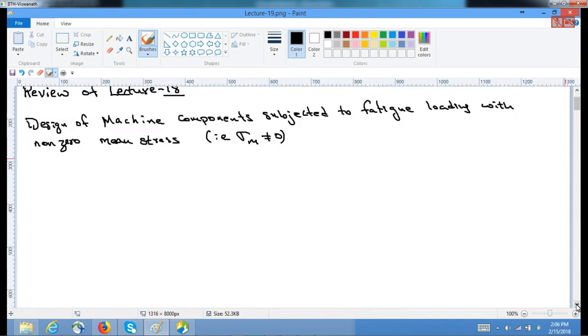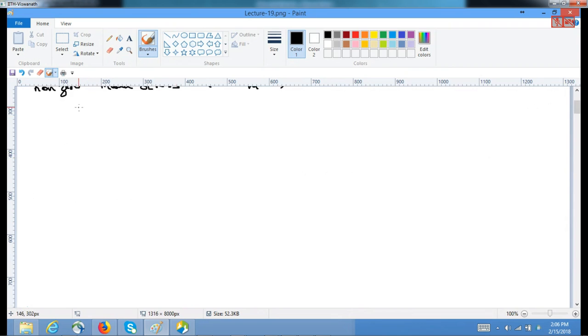In this case we have seen that generally we have sigma amplitude, sigma mean. When the sigma mean is zero, full reversal, we know it is equal to Se, but the failure points were all over.